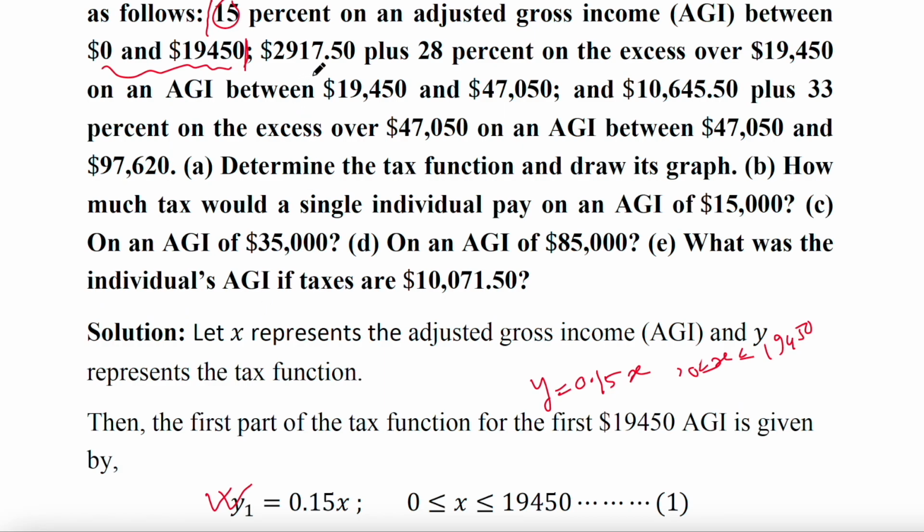And second piece, it says this amount plus 28% on the excess over 19,450 on an AGI between 19,450 and $47,050. So if one's income is in between this amount, 19,450 and 47,050, he or she needs to pay 28% tax.